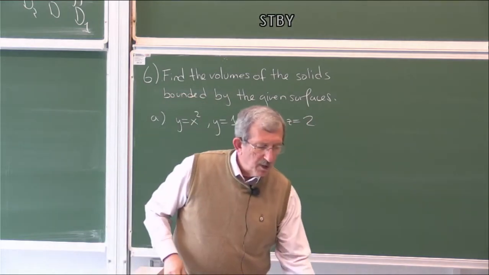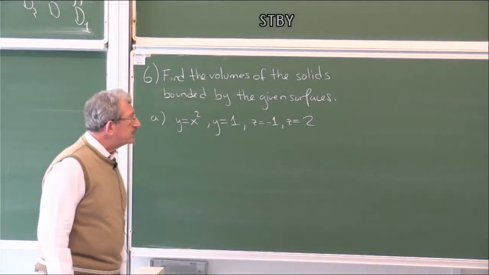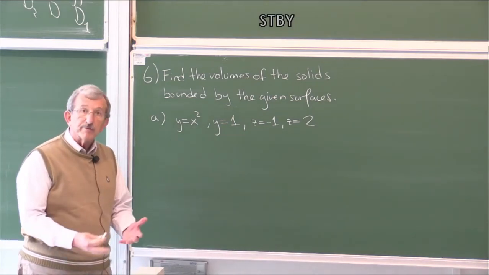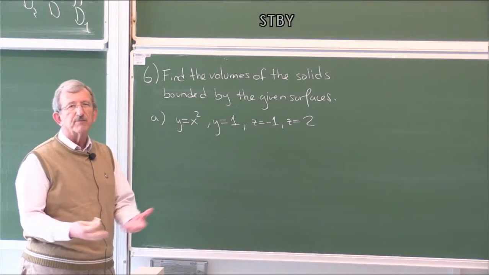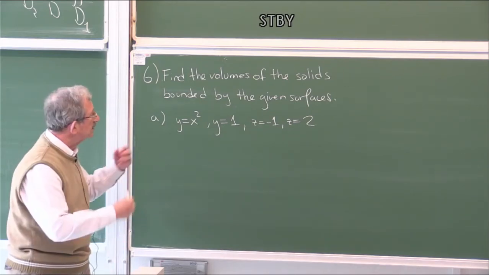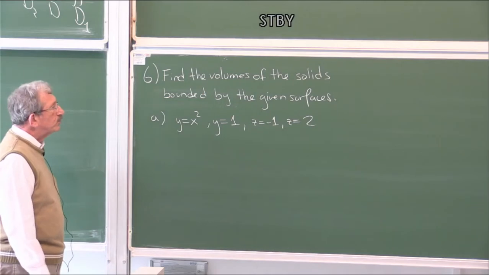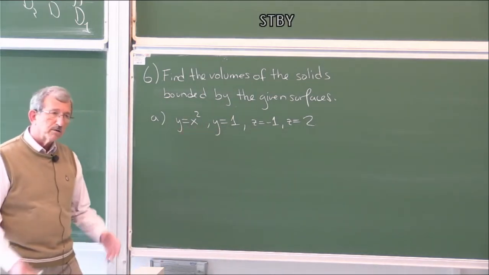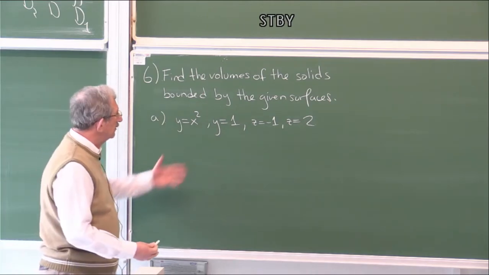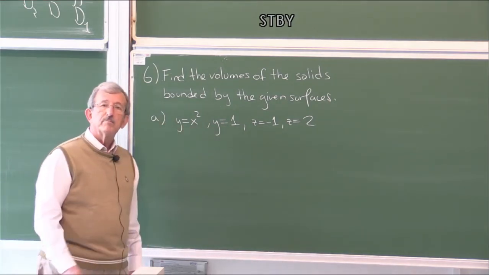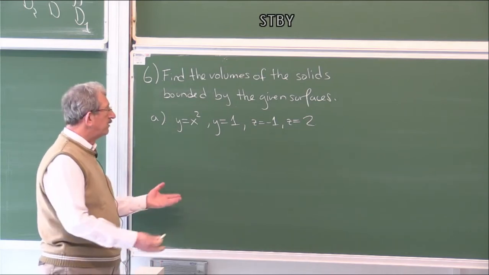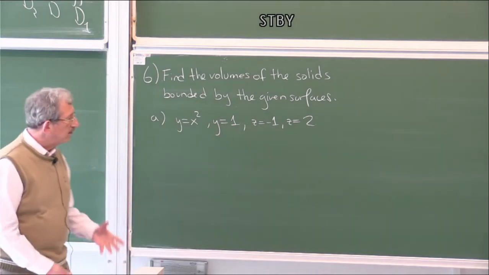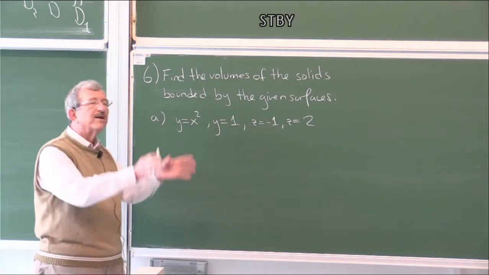Now, in such problems, it's always advisable to feel the geometry. So make a rough sketch, as best as you can. First of all, we observe that y is x squared and y is 1 are cylinders. That is, you don't have z in them. So one is a plane, the other one is a vertical going parabola.